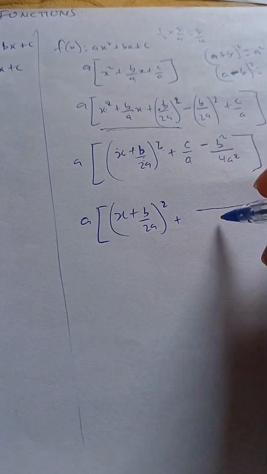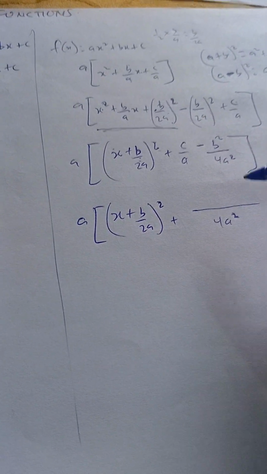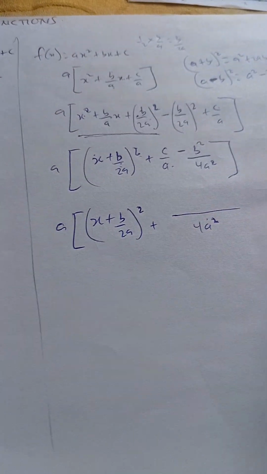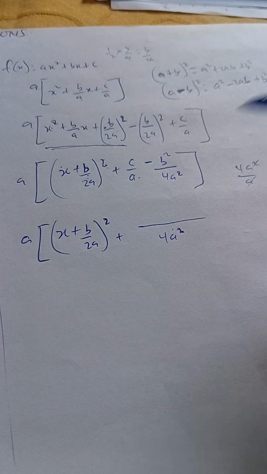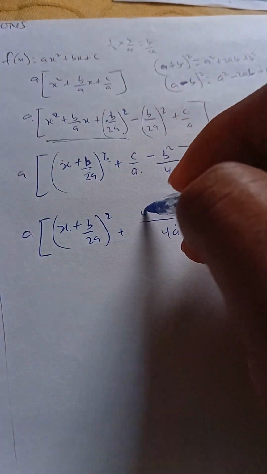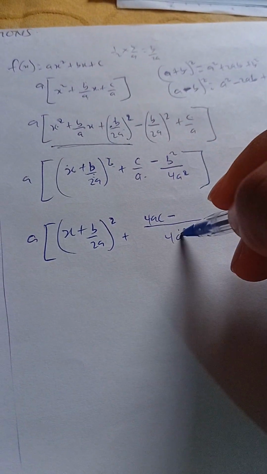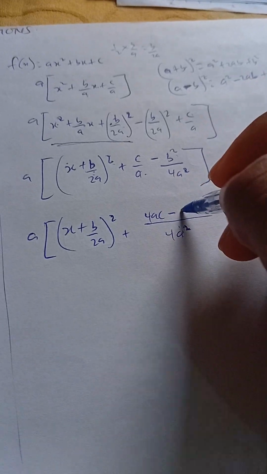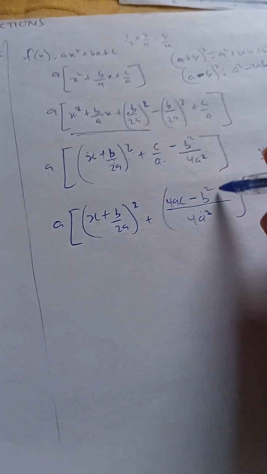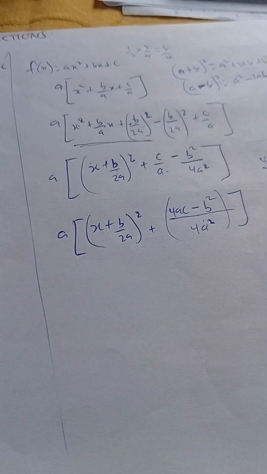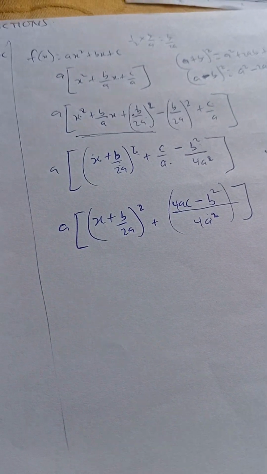Our LCM is going to be 4a squared. 4a squared divided by a will give us 4a, right? 4a squared on a, one of the a's will cancel out. So we have 4a multiplying c, 4ac, minus this divided by that is 1 times b squared. We get b squared. This is 1 unit, so it's okay for it to be in a bracket.